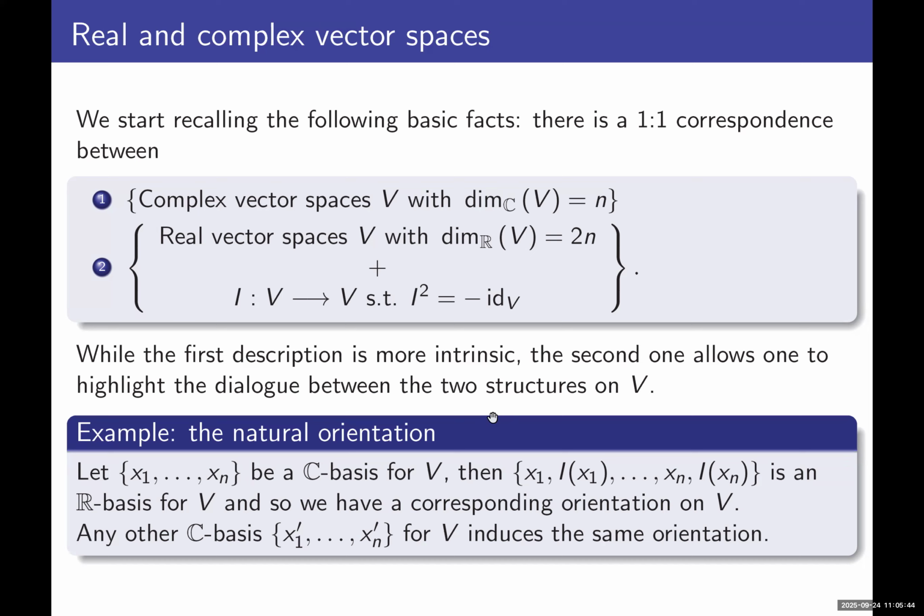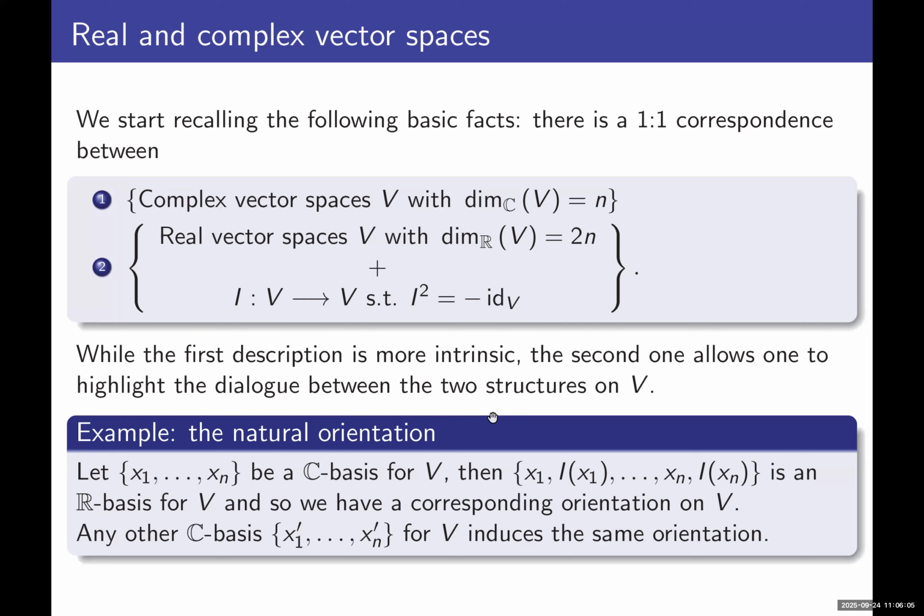And in fact, what is a complex vector space? Well, a complex vector space is nothing but a real vector space endowed with an extra structure, which is exactly multiplication by the imaginary unit, encoded by an endomorphism of this vector space whose square is minus the identity.